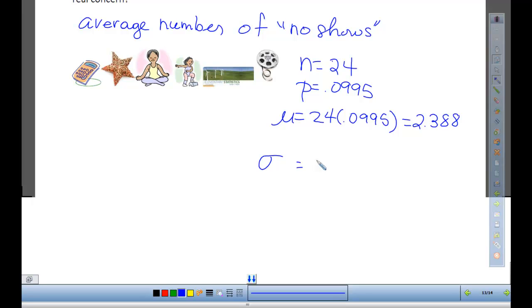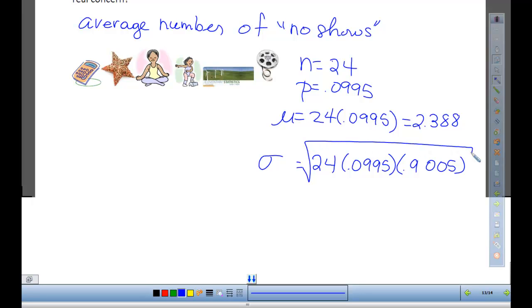Standard deviation is the square root of 24 times 0.0995 times 0.9005. When we do that, we get what? 1.466.